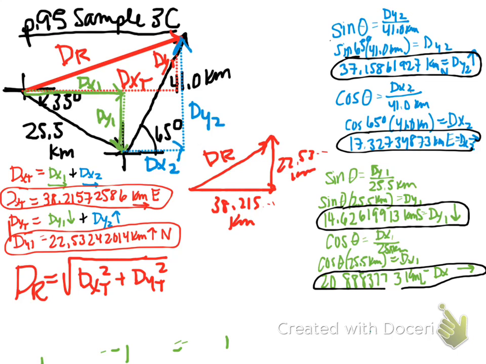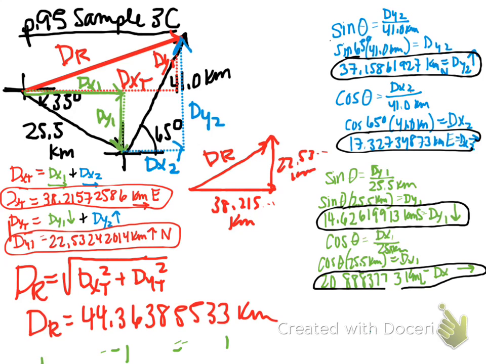It's Pythagoras at this point. The resultant displacement is going to equal the square root of the total x displacement squared plus the total y displacement squared. So we get a magnitude of 44.3638, etc., kilometers. One thing left: getting a direction for the heading. So we'll use the tangent function again.